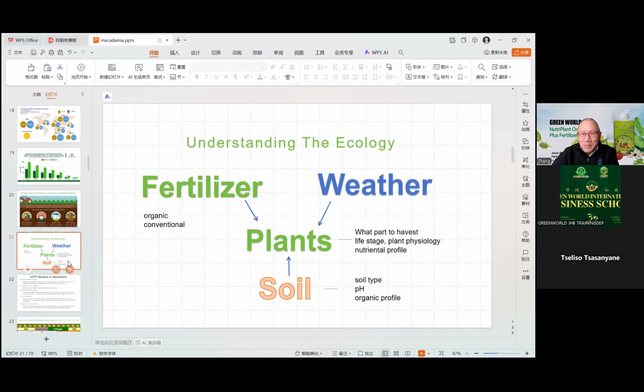Every time we have to think ecologically, think about our whole system. It's called a systematic approach. Our key player is plants or crops. Then we need a fertilizer.